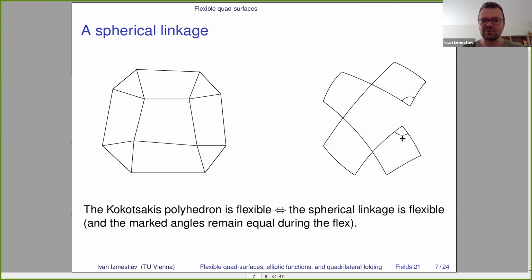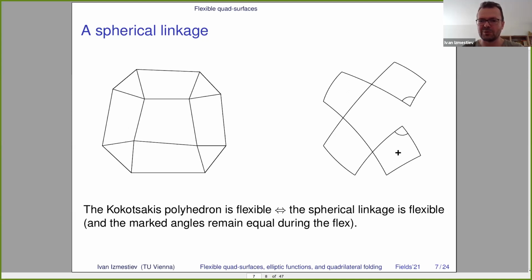It's not a problem that it does not close, but this chain has exactly one parameter family of deformations. If you deform one of these quadrilaterals, then all the others will follow you. And the condition that the Euclidean polyhedron can flex is equivalent to this one parameter family.